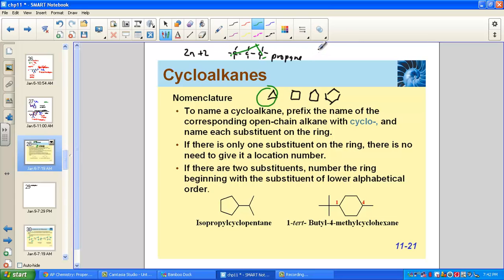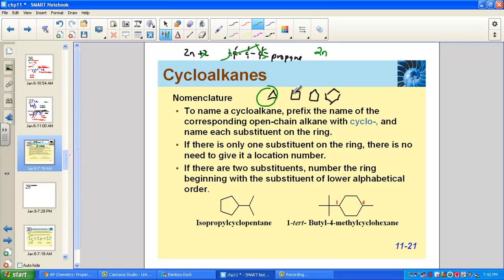So the formula for cycloalkanes is simply 2n. We eliminate the plus 2, so we have to remove those hydrogens at the terminal carbons to create bonding spots to hook those carbons together in the cyclic structure.